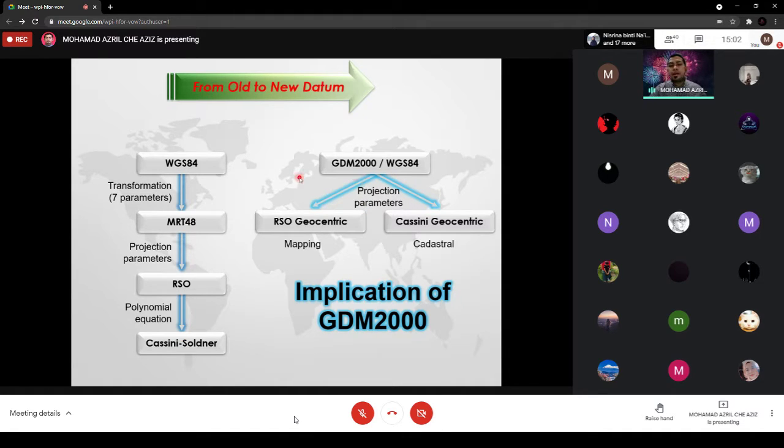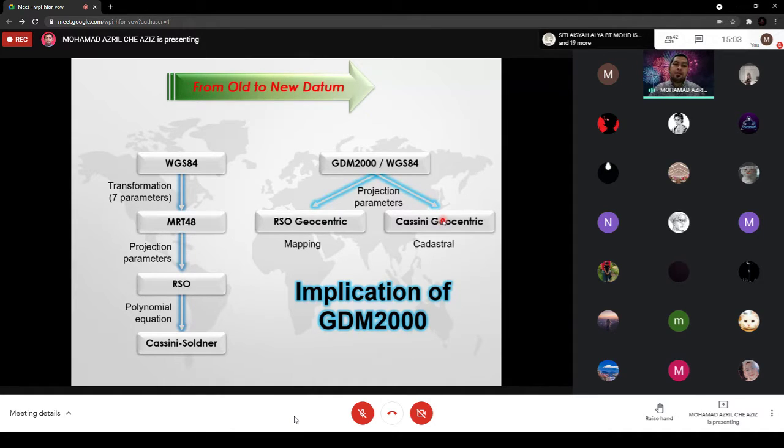But now with GDM 2000, a new datum, you can change directly to the RSO geocentric for the mapping. And then if you want to apply it in cadastral work, you need to change to the Cassini geocentric.